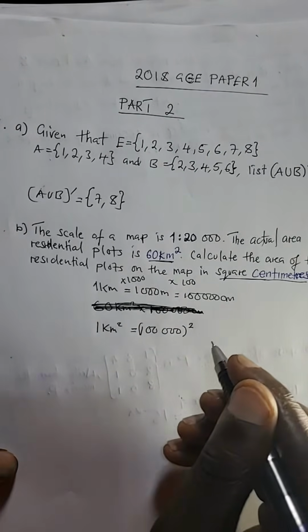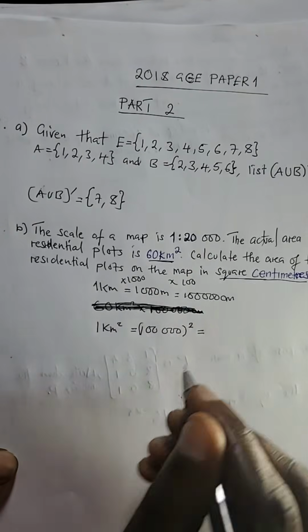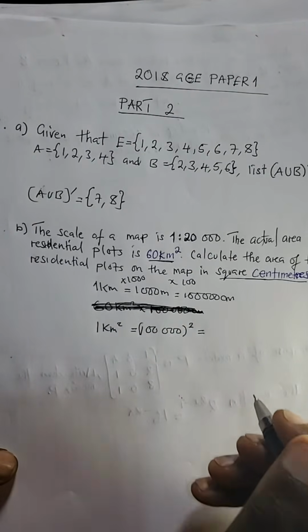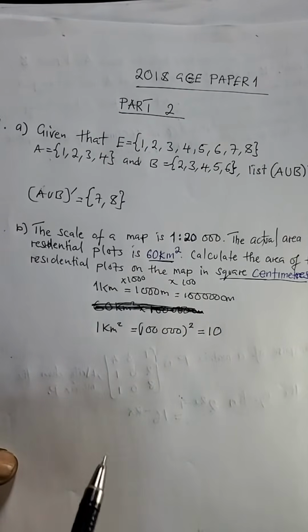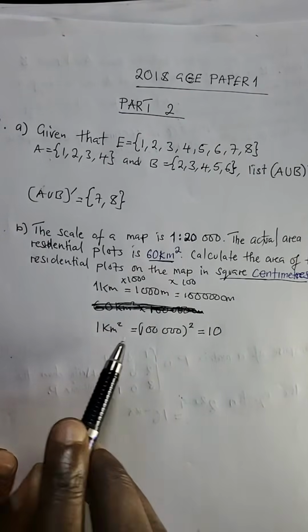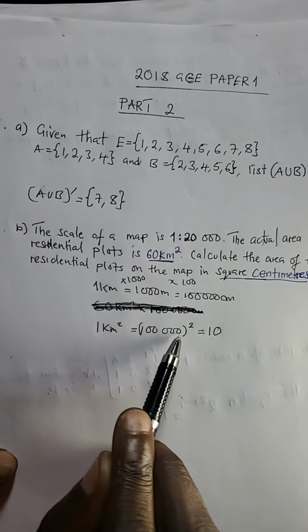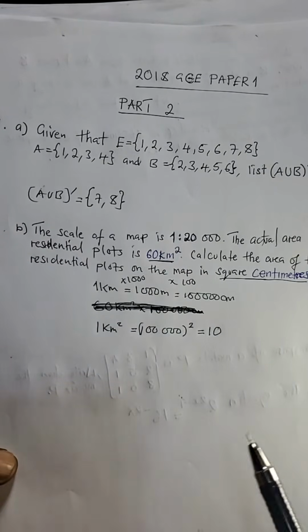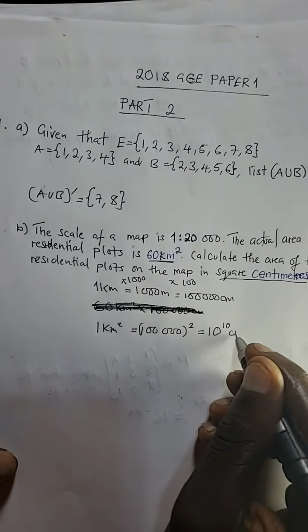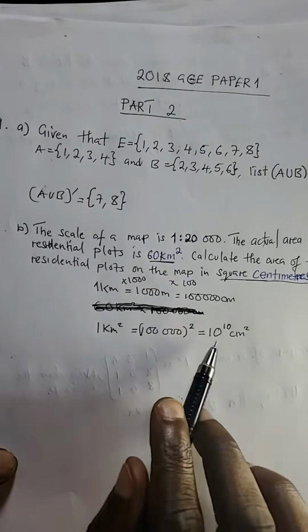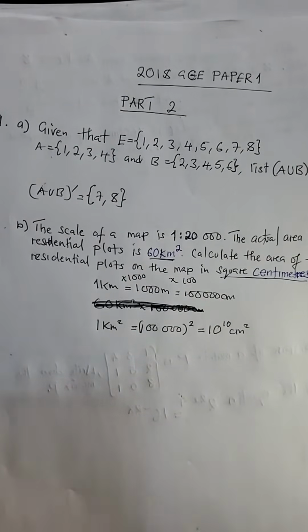Now, when you square this, it is the same as 10 to the power, the number of zeros you have here. So you have 1, 2, 3, 4, 5. Now when you square this, it means we multiply by 2. So 5 times 2, 10. So the same as 10 to the power 10 square centimeters. I've done this so that I just reduce the number of zeros.